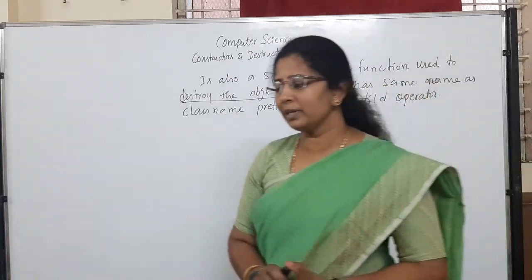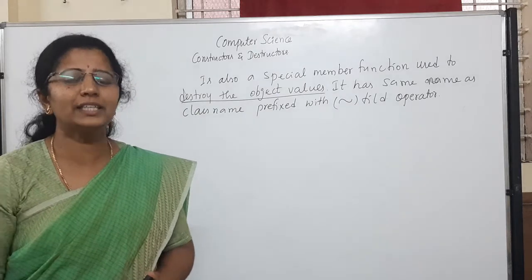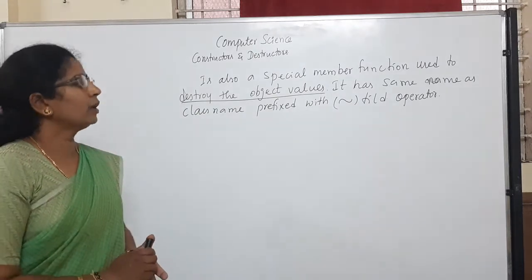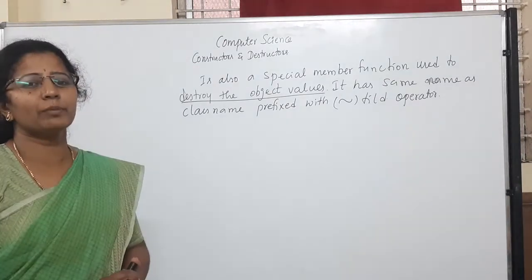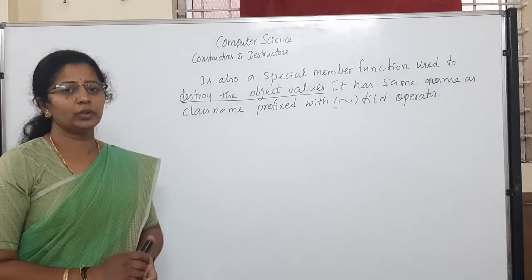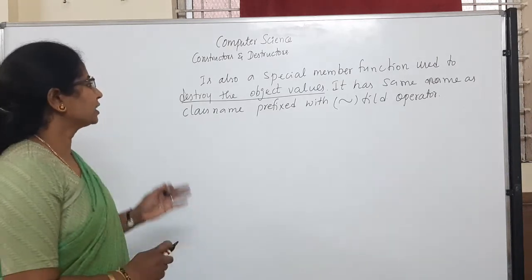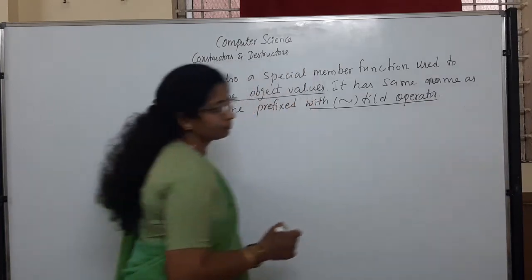Once the program is exited, that means the control comes to the exit of the program, then your destructor destroys the memory allocated by the constructor to the objects. It is prefixed with the tilde operator.